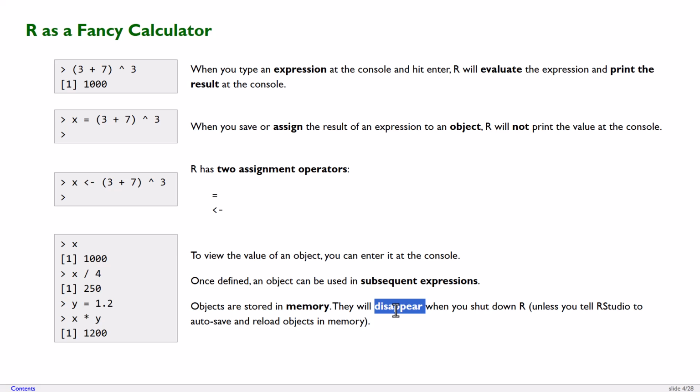There is a way to do that, but it's actually not a bad idea that all of your objects in memory disappear, because one of the reasons people like to use a computational language such as R is that it forces you to create scripts to save your work so that you can quickly recreate all of these objects, and therefore your work is completely reproducible.